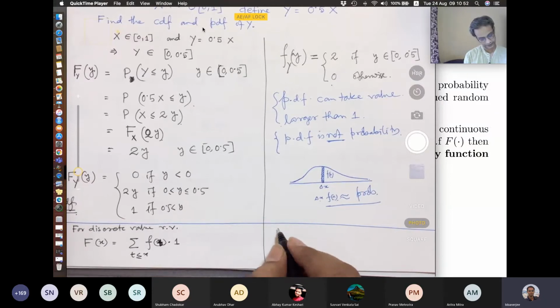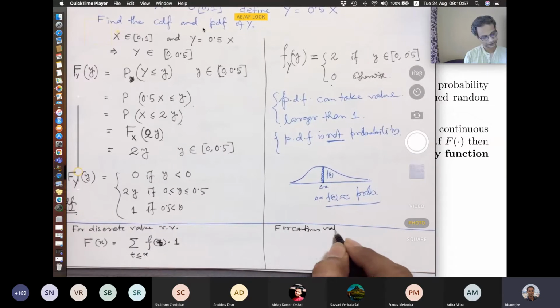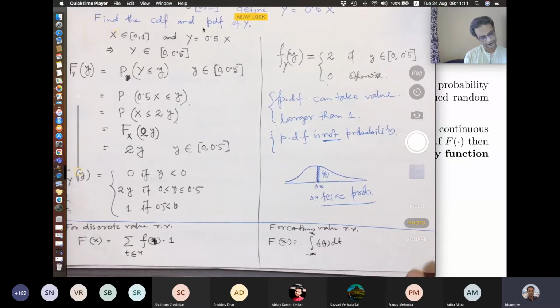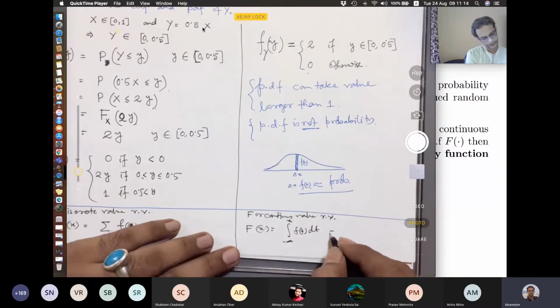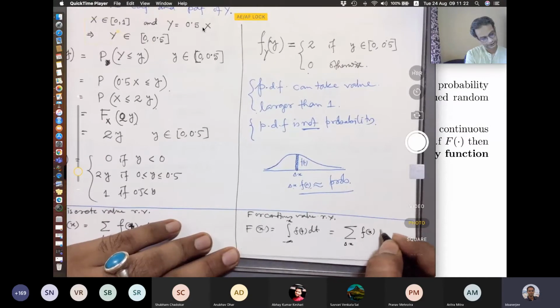For a continuous valued random variable, F(x) is the integration of f(t) dt from minus infinity to x, which is again the sum over, say, delta t of f(t) delta t, and this range is going from minus infinity to x.